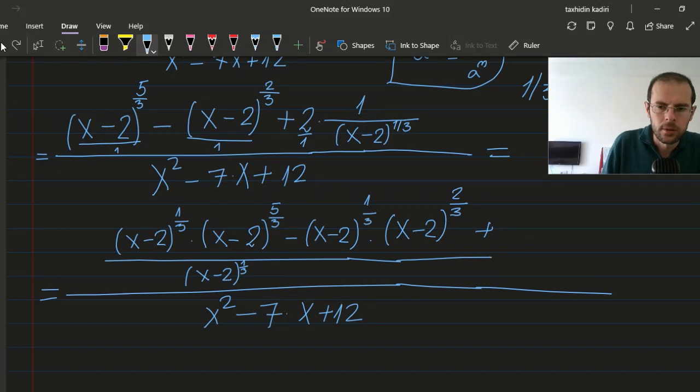Now this expression to this expression will be simplified. 1 multiplied by 1 is 1. 1 multiplied by 2 is 2. We have 2.